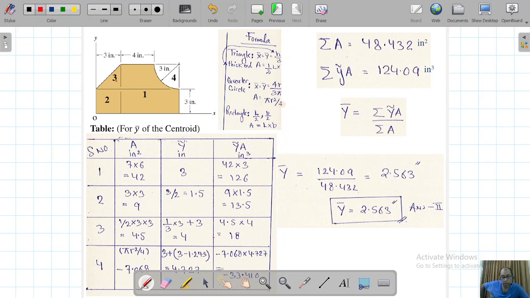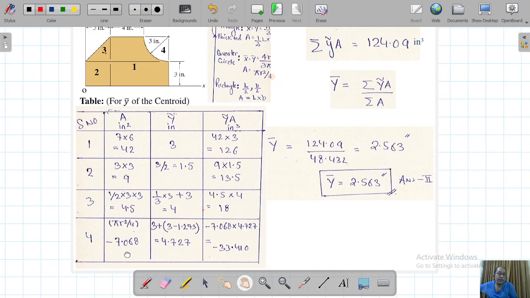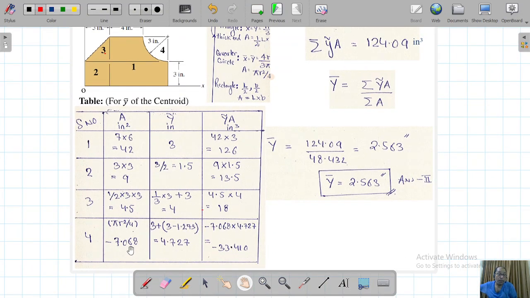And same logic if you go here for the 4. Because this quarter circle never existed, we calculated its area, pi r square by 4, where the radius is again 3 inches, and you get minus 7.068 previously. But again, this is a tricky point: how you calculate the y bar of the quarter circle.